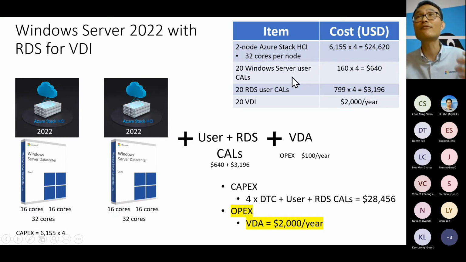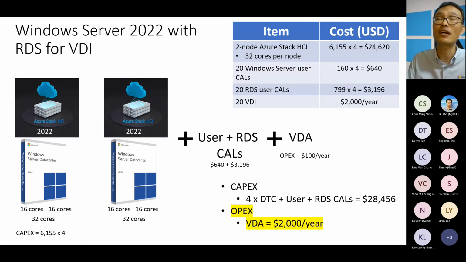If we are licensing it for 20 users, and these 20 users also need 20 virtual desktops, using the retail pricing that you can find on the Microsoft website, you will discover that the initial investment, which is what I call CapEx here, for the 4 Datacenter licenses, the user and RDS CALs comes up to just over 28,000, just under 28,500 US.